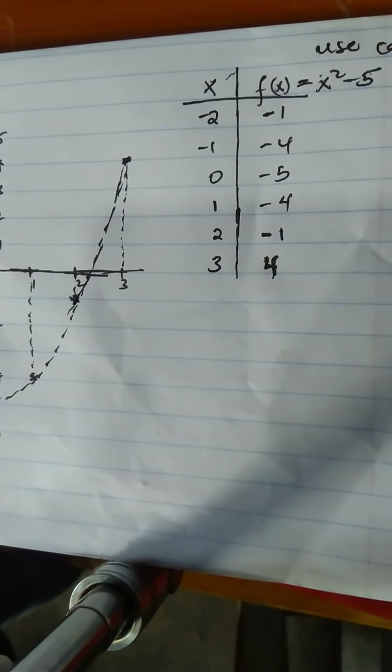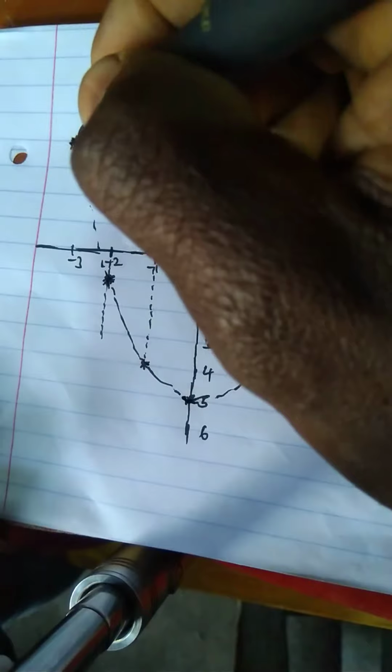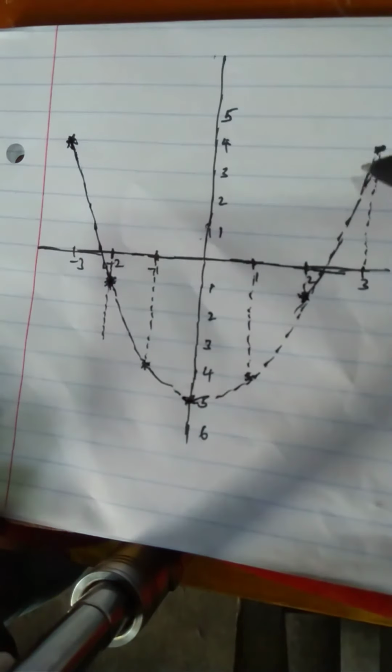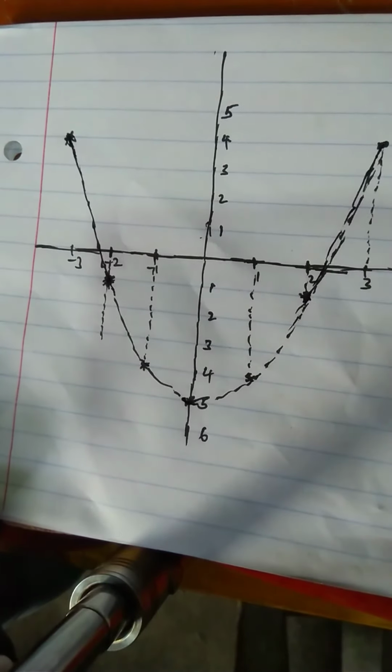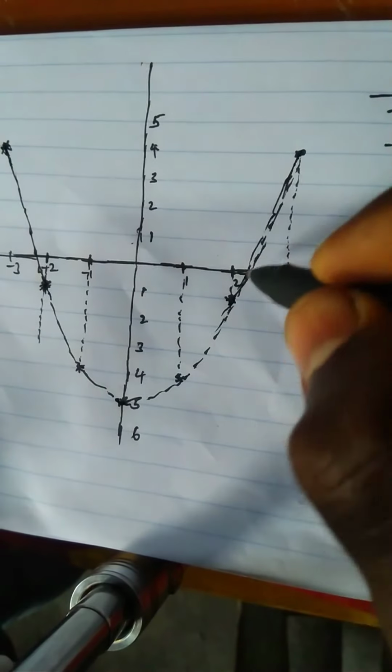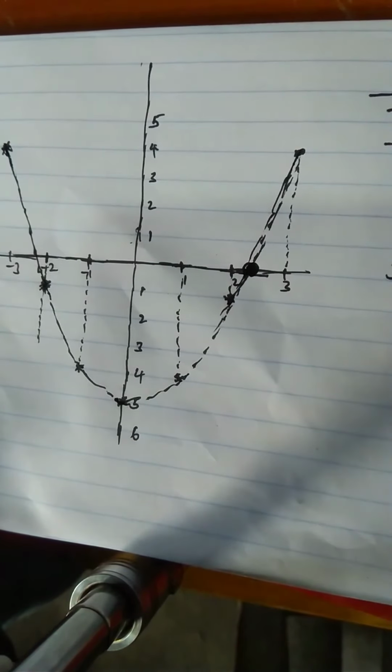You can use the calculator as we had done initially. That is our curve. So our root either falls between 2 and 3 or minus 2 and minus 3.